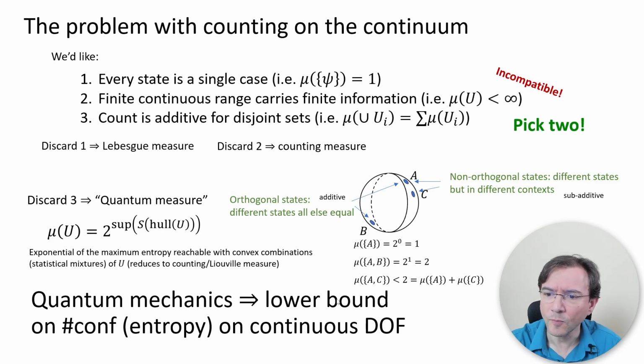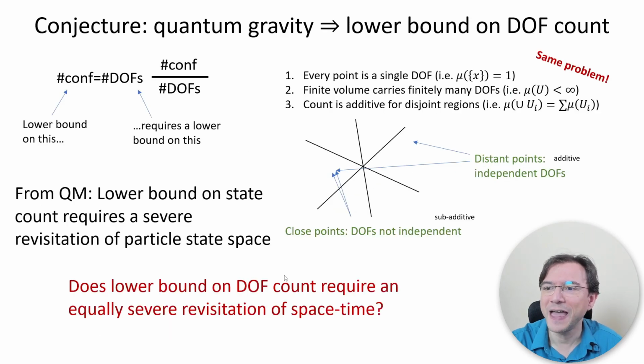Okay, so if you buy this and if you say, okay, this is what quantum mechanics is there to fix, quantum mechanics is there to fix how we count on the continuum, because counting with just the standard Lebesgue measure, the Liouville measure, does not work, because we're going to have areas that are smaller than 1. Then the conjecture is that we are going to have the same problems when we're trying to count degrees of freedom in a field theory.